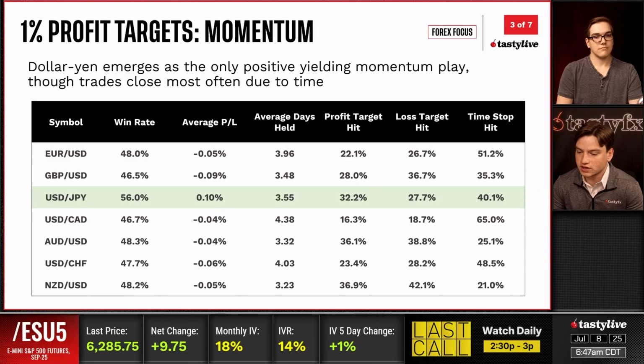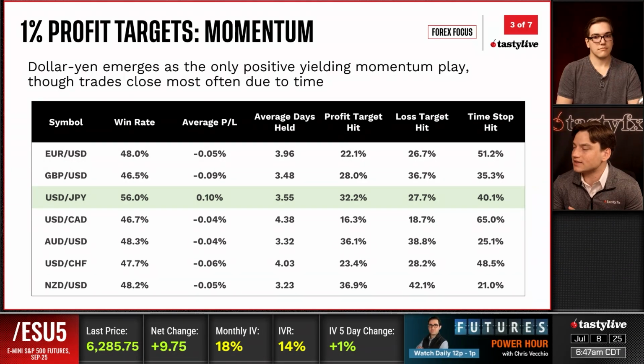But what's also interesting to me is the next conclusion I draw from this is that time stop hit is really getting dinged a lot here, Mike. You're getting in this US dollar Canadian dollar, you're getting stopped out due to time over 60% of the time.